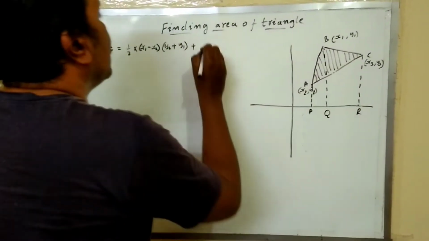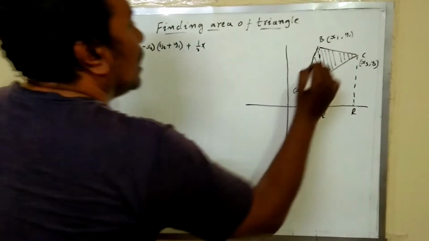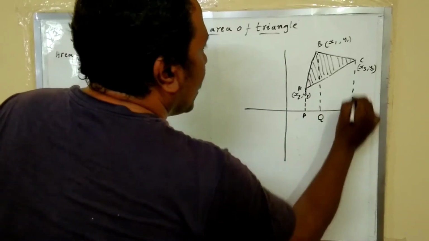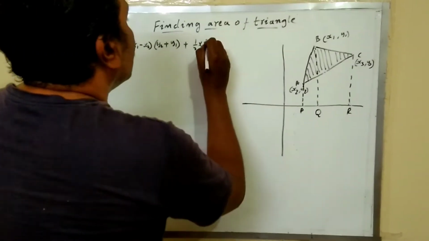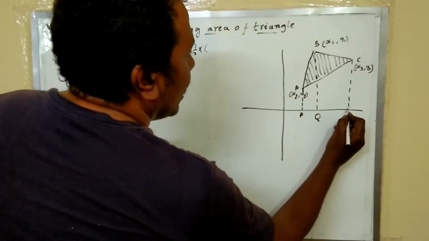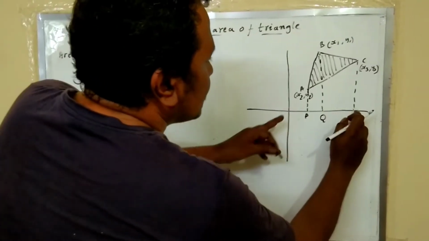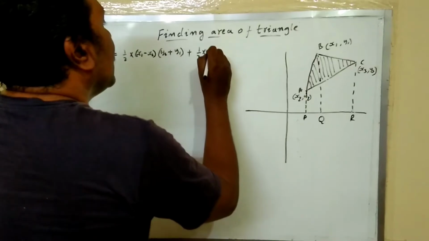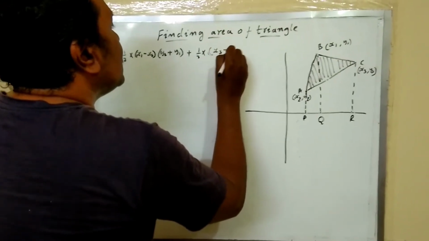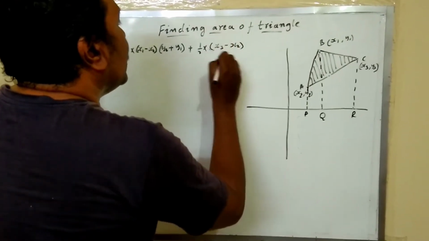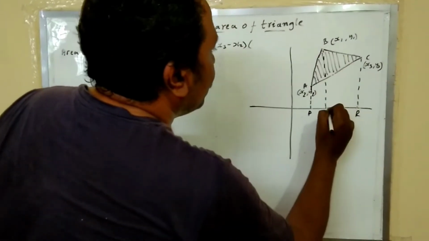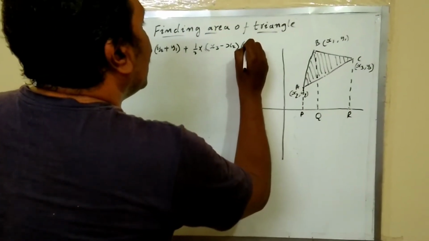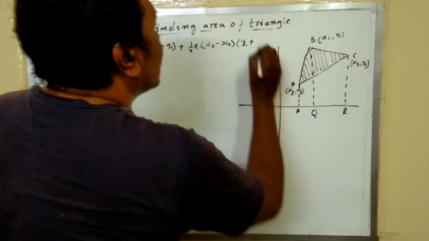Now the area of trapezium BQRC is half into QR. What is QR? x3 minus x2, into the sum of the parallel sides BQ and CR, y2 plus y3.